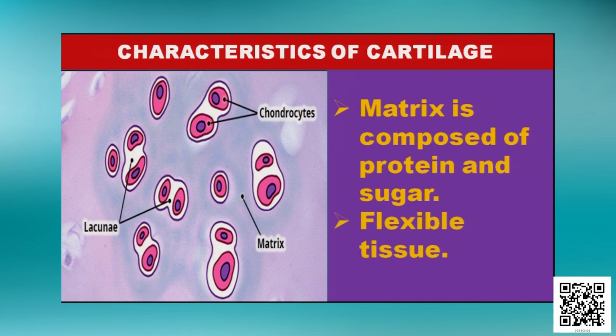And this tissue is flexible, not like the bone. In bone, the matrix is made up of calcium and phosphorus, but here the matrix is made up of protein and sugar. Like other connective tissue, the cells in this tissue are also not tightly packed. They are loosely packed.